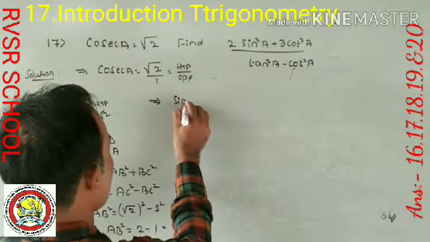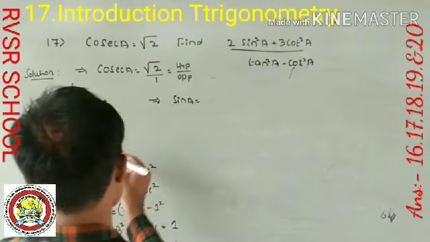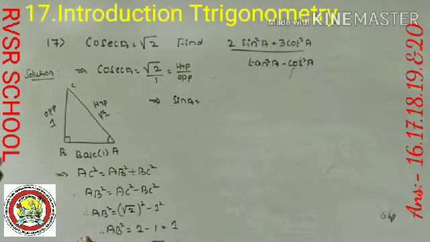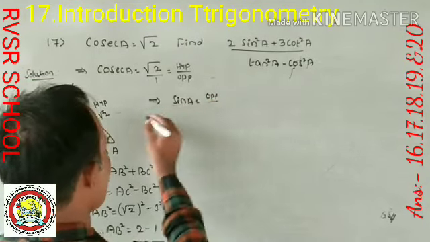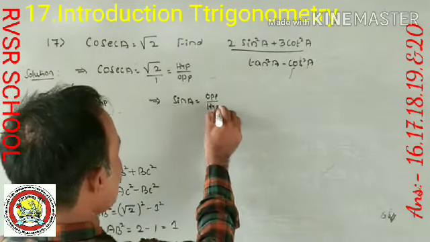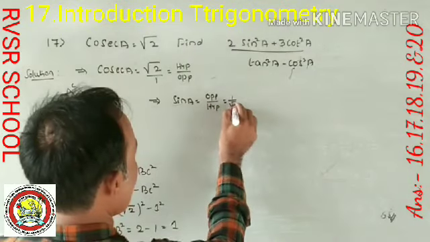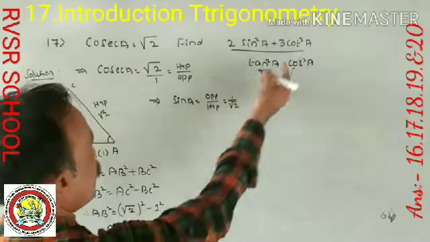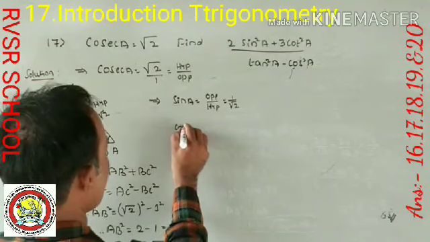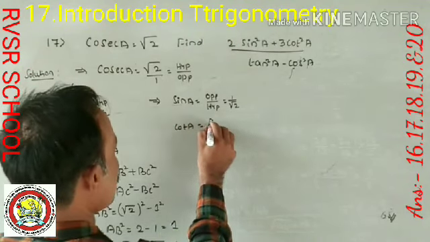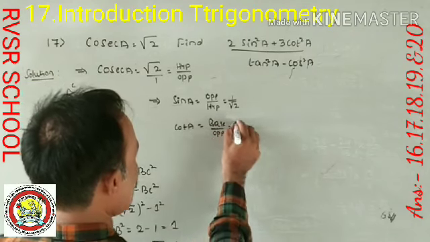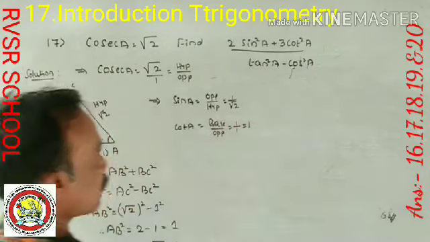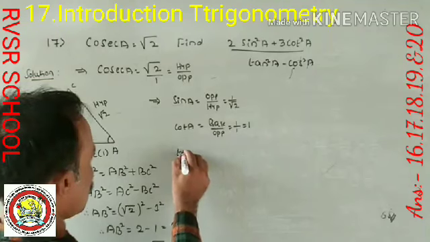Sin A, what is the value of sin A? Opposite by hypotenuse, not base. That is 1 by root 2. Next, what do we require? Cot. Cot is equal to base divided by opposite, that is 1 by 1, which is 1.